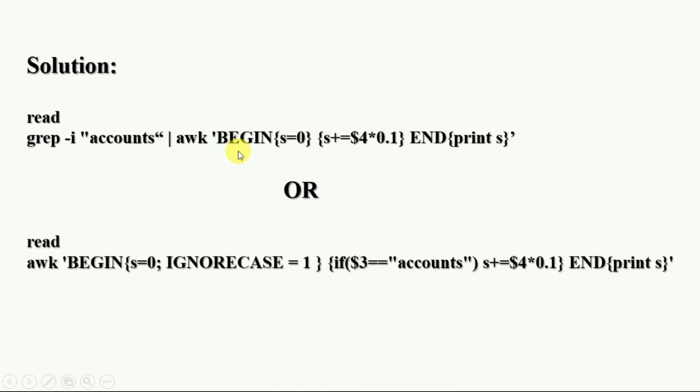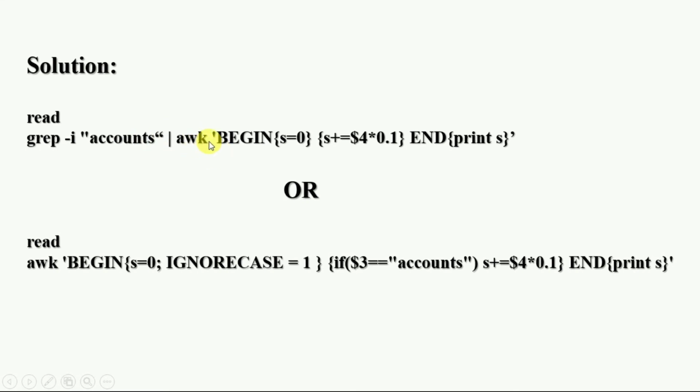In the first solution, we used the grep command with the i option to ignore case sensitivity, and we also need to find the accounts department. For searching we use the grep command to read all the input records, then grep searches for the accounts department, with i to ignore case sensitivity.